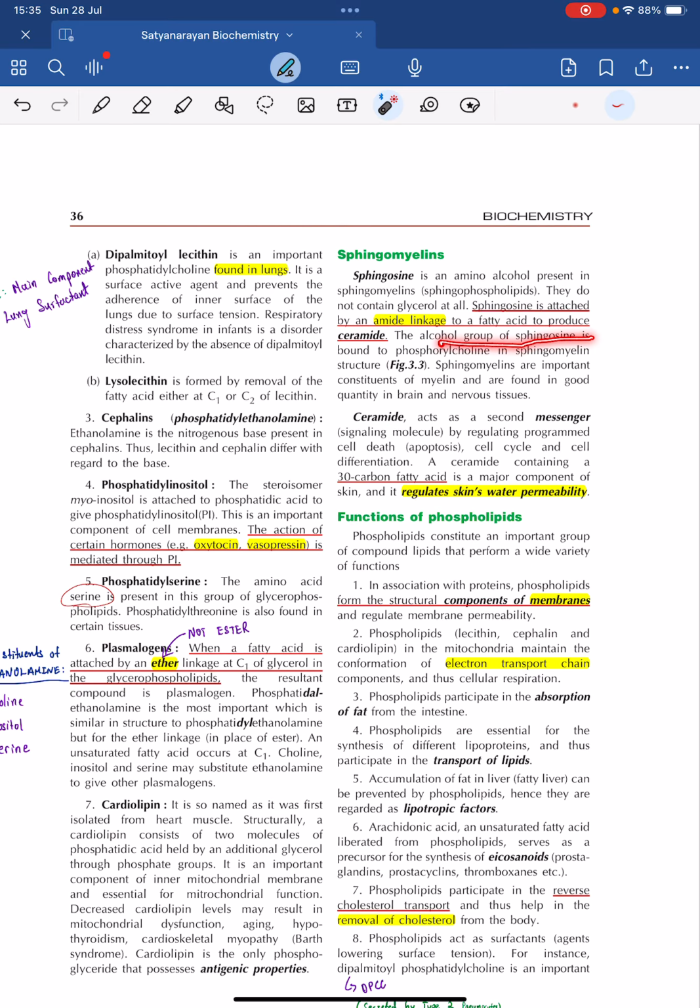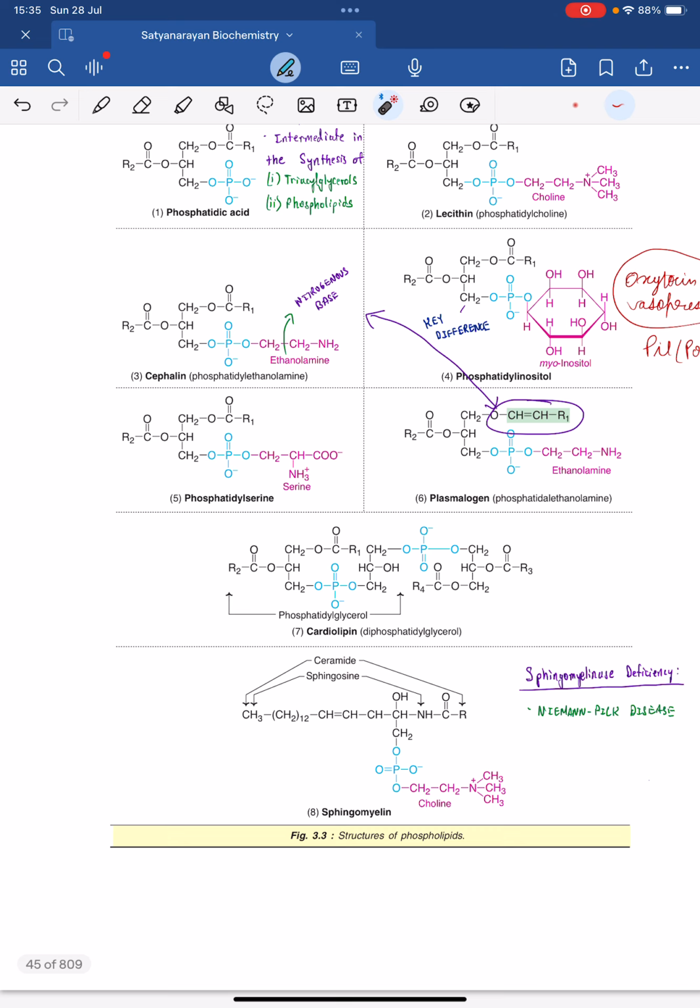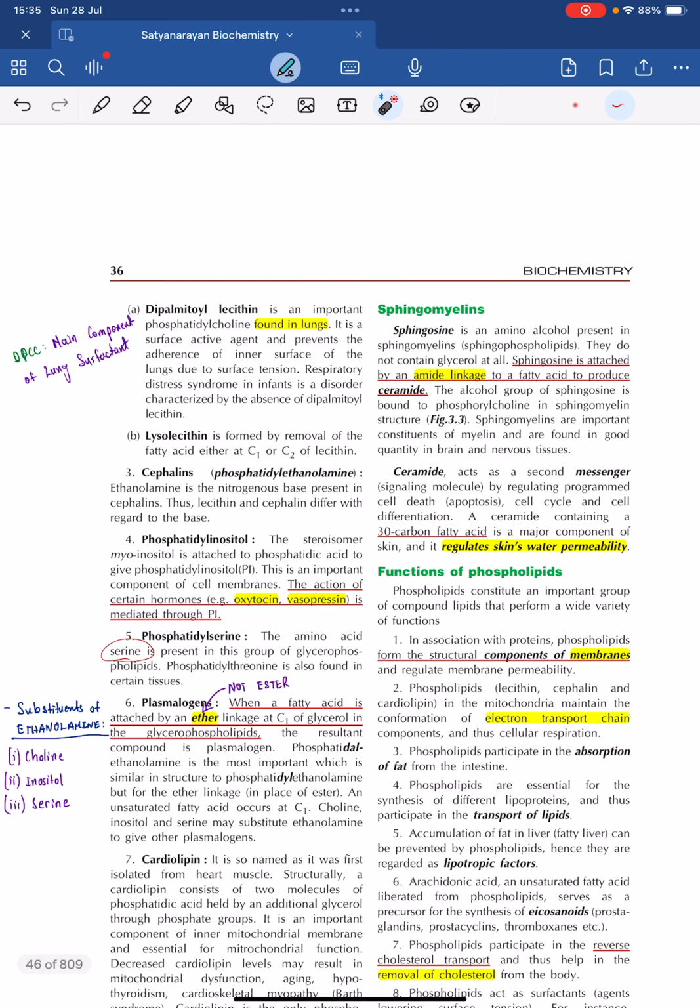The alcohol group of sphingosine is bound to phosphorylcholine in sphingomyelin structure. This is the phosphorylcholine bound to the alcohol group of sphingosine. Sphingomyelins are an important constituent of myelin and are found in good quantity in brain and nervous tissues.